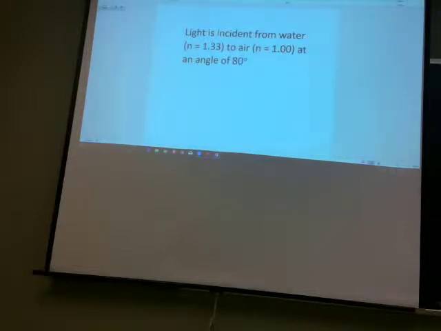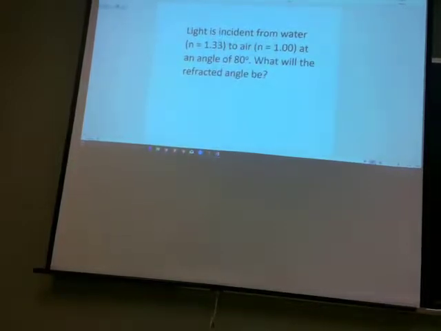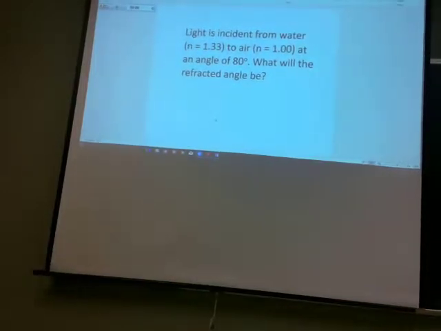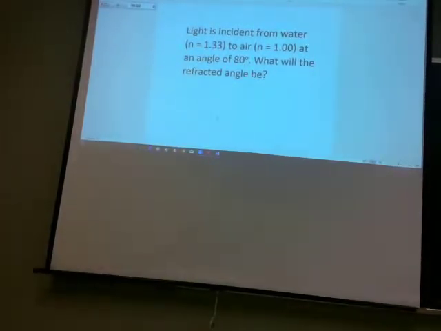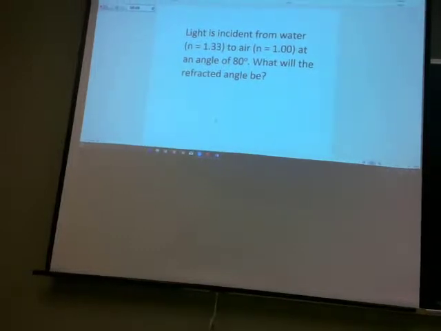Let's see, like this. What will the refracted angle be? There we go. So let's take maybe 3 or 4 minutes to calculate what the refracted angle is.